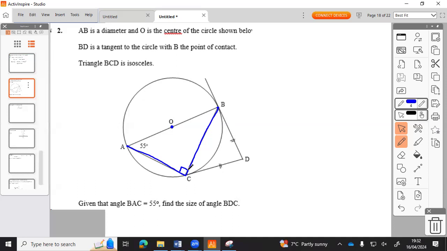So we can slowly build up these angles. Angle ACB is 90 degrees, and angle ABC is 180 minus 90 minus 55, which is 35... 45.